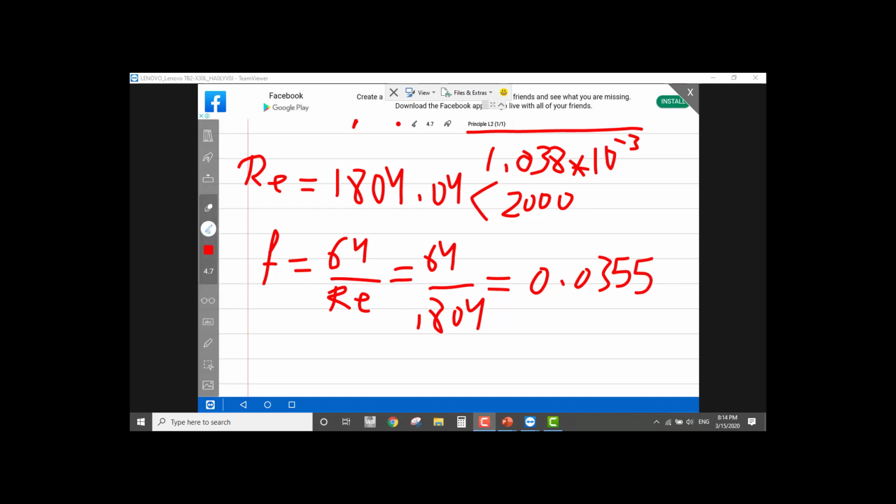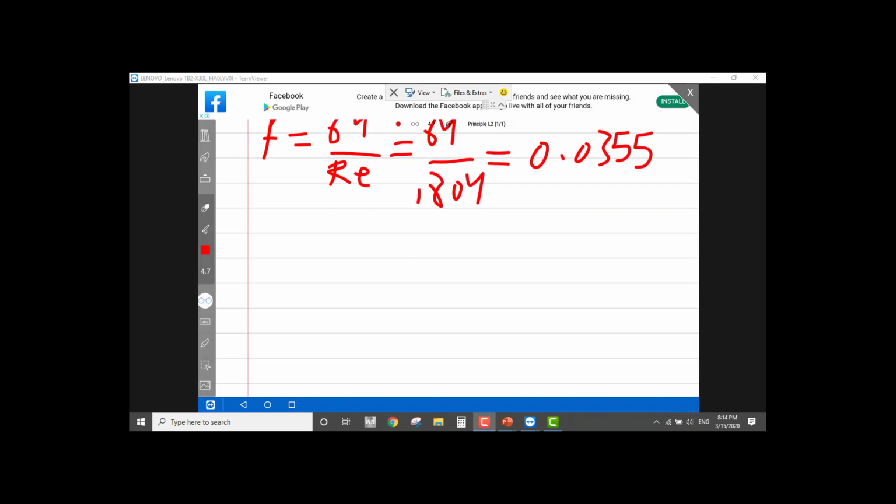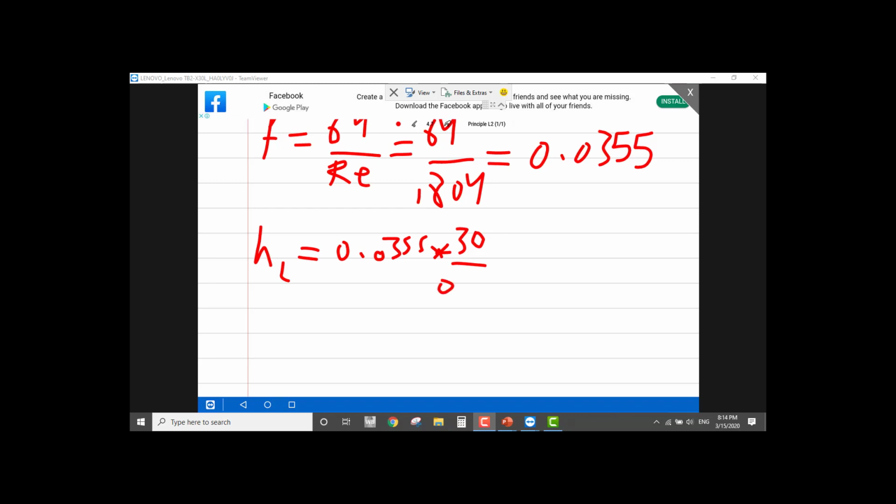Okay, now we'll go back to the head loss equation. So 0.0355 multiplied by the length, which is 30, divided by diameter, which is 0.01, multiplied by average velocity squared, divided by 2 multiplied by gravity acceleration, which is 32.2.